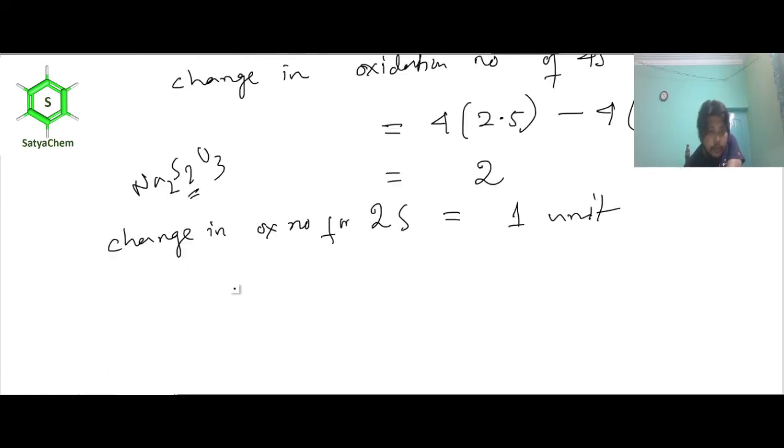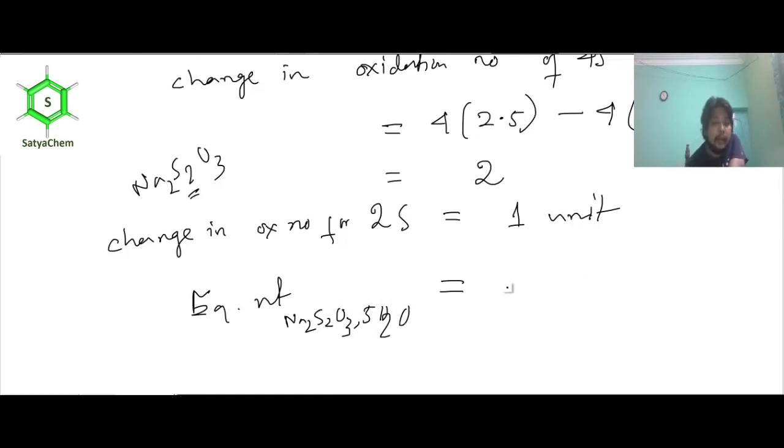So the equivalent weight of Na2S2O3 5H2O will be the molecular mass. What is the molecular mass of Na2S2O3 5H2O? We know the atomic weight of sodium is 23, sulfur 32, oxygen 16, and the molecular weight of H2O is 18.